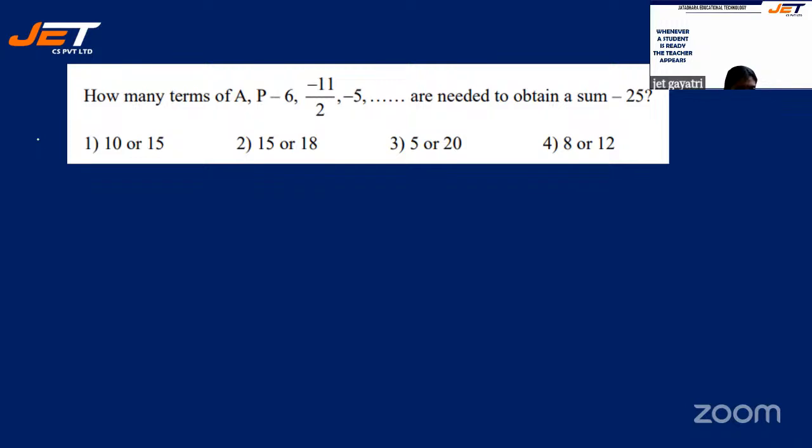How many terms of AP minus 6, minus 11 by 2, minus 5 and so on are needed to obtain a sum of minus 25? Is it option A 10 or 15, 15 or 18, 5 or 20, 4 or 12?